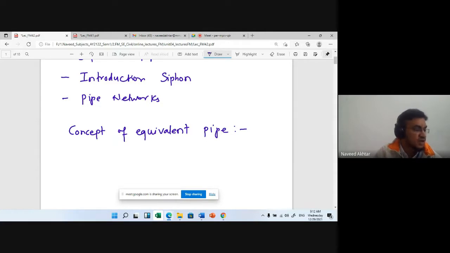We convert this compound system of many pipes into a single pipe system with uniform diameter and length. That is the concept of equivalent pipe.